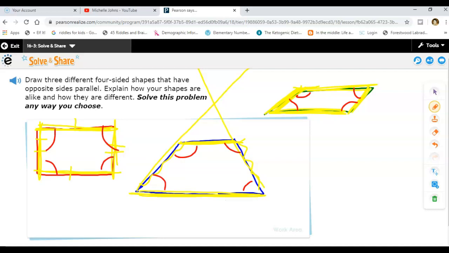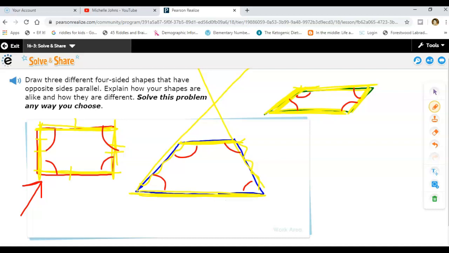Some ways that they are different: if I look at this figure right here, my rectangle, when I look at those angles, I notice that those are actually right angles. So a rectangle has four right angles, which makes it different than my other two figures.